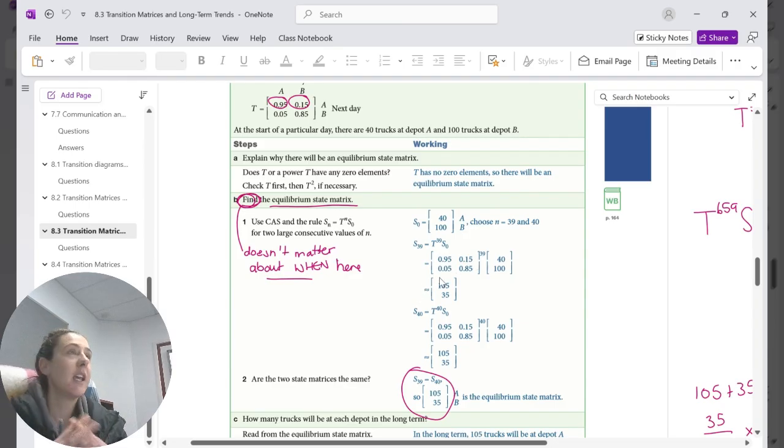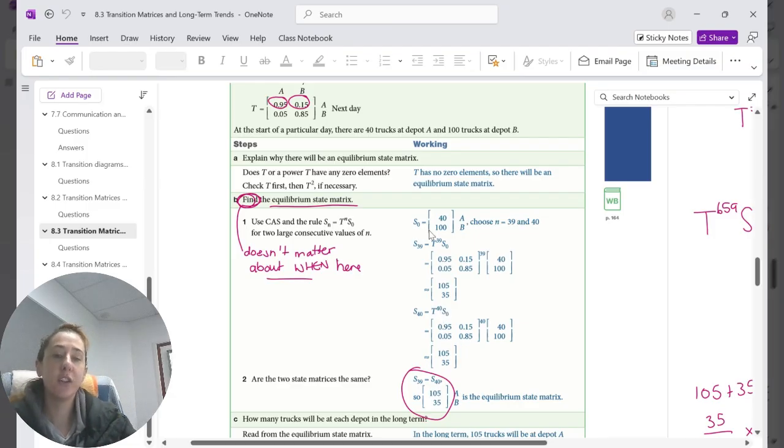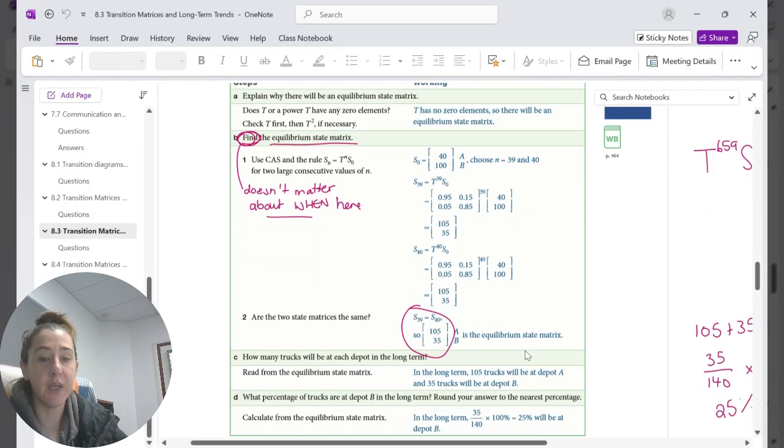You can choose any number of iterations, as long as they are consecutive and high value. So 39 and 40 can be quite good. You might choose to go higher or lower. But if you're not hitting an equilibrium state, perhaps you do need to go higher. It might be a good idea to start at 39 and 40. If you're not hitting equilibrium, try two consecutive numbers that are higher and see if you can find that equilibrium state.